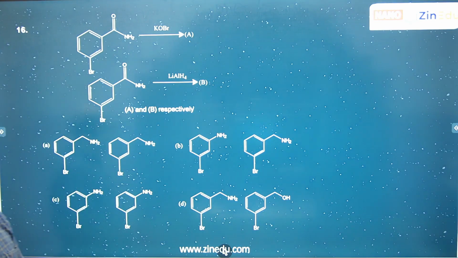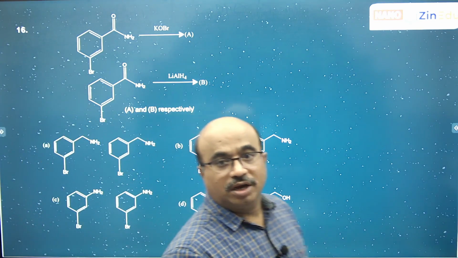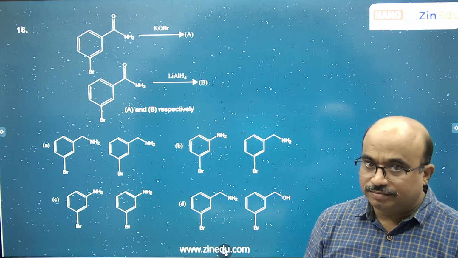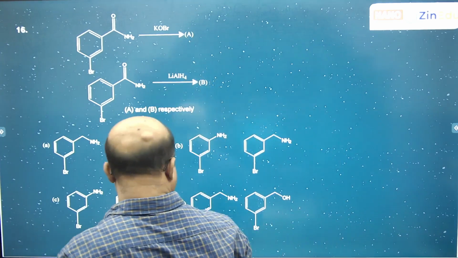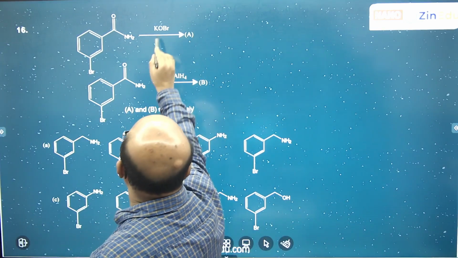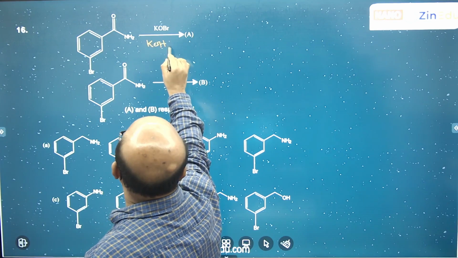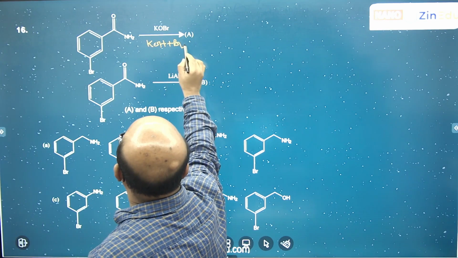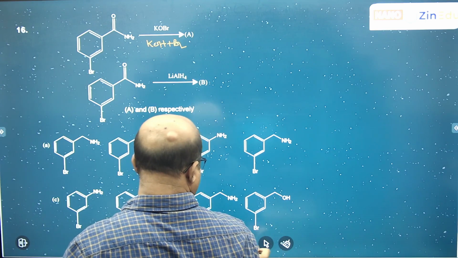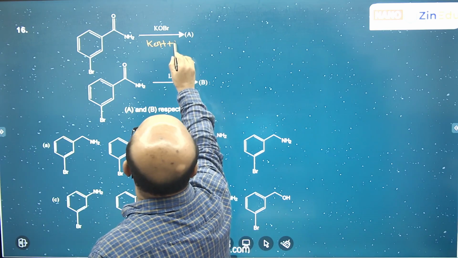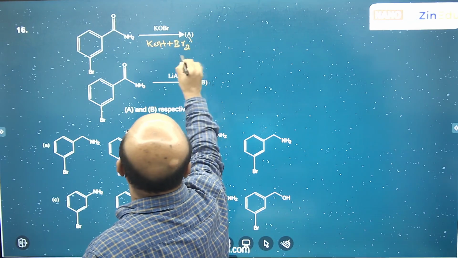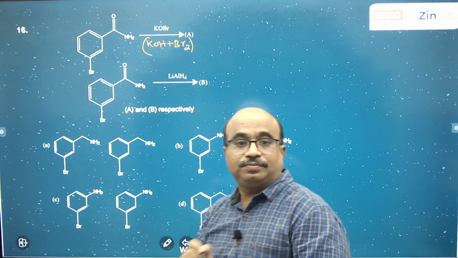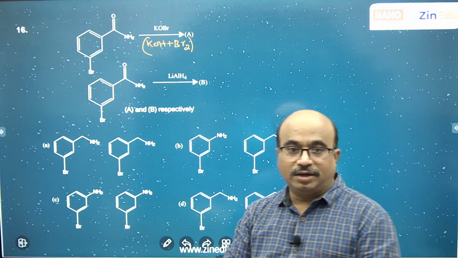Reaction of an amide with KOBr gives A as a product. Amide with lithium aluminum hydride. KOBr is nothing but a solution or mixture of KOH and Br2, giving hypohalite, hypobromite.